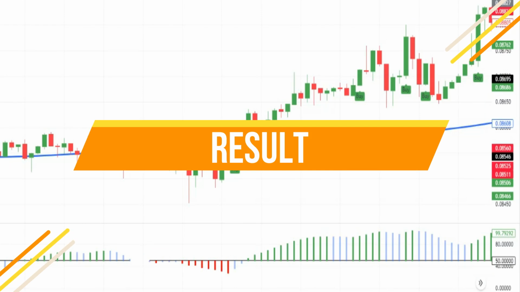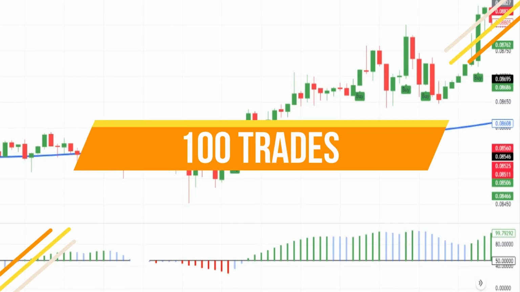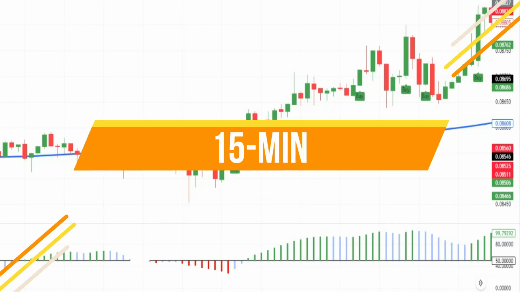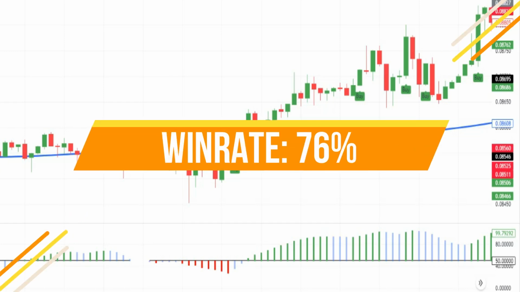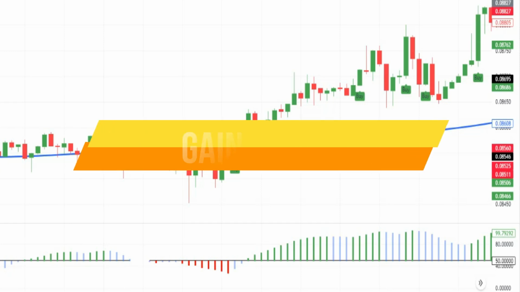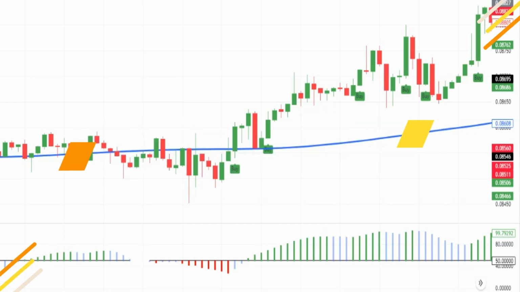So here's the result after performing 100 trades on the 15-minute time frame on the Dogecoin chart. The result showed a win rate of 76% and a profit of 304%. This means that the strategy has shown positive results.